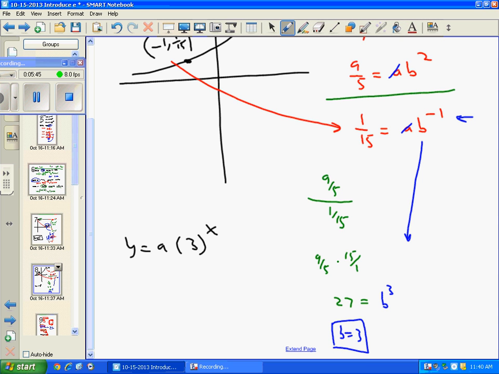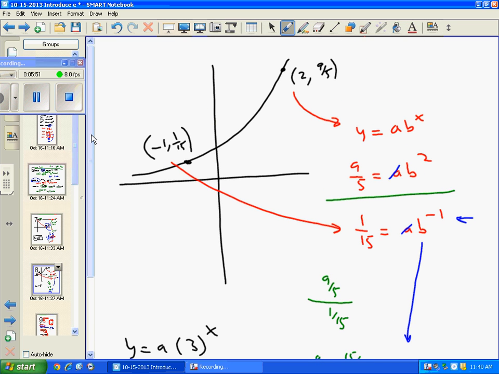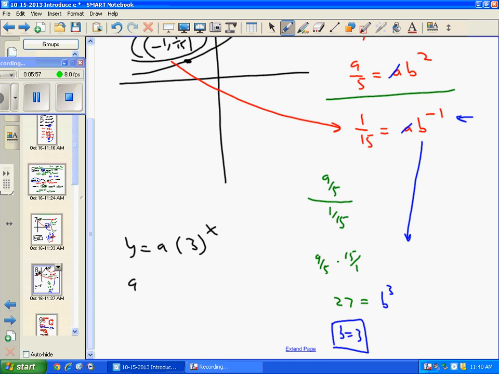Okay. Well, I also have the advantage of knowing 2 points this goes through. I can use the point up here, negative 1, 1/15, or 2, 9/5. That's what I'm going to use there. So I'm going to say 9/5 equals a times 3 to the second. And now I can find a.